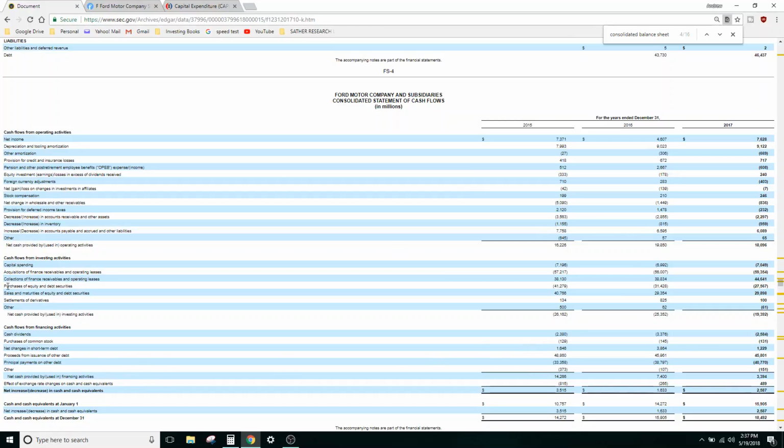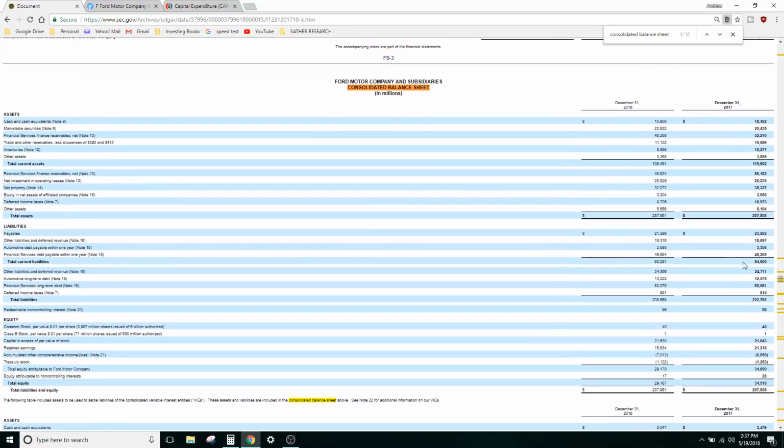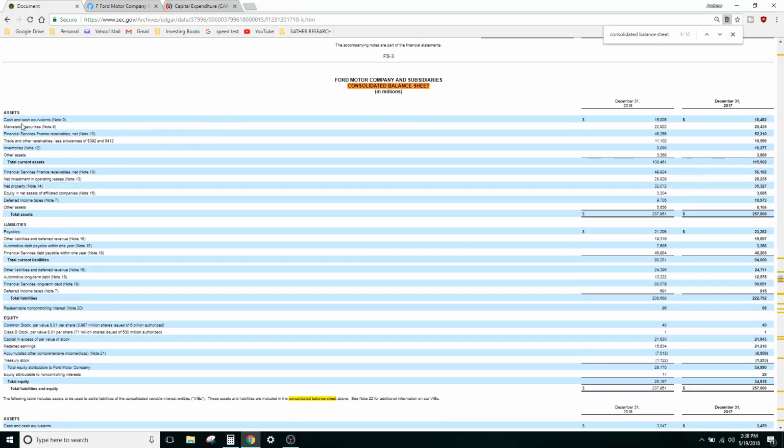So like in the example of buying securities, 27,567, that's going to add to their marketable securities amount. And they have a bunch of notes in the footnotes, so if you're doing an in-depth analysis, it probably helps to know what's exactly going on.